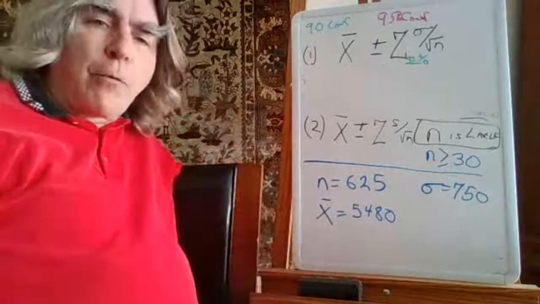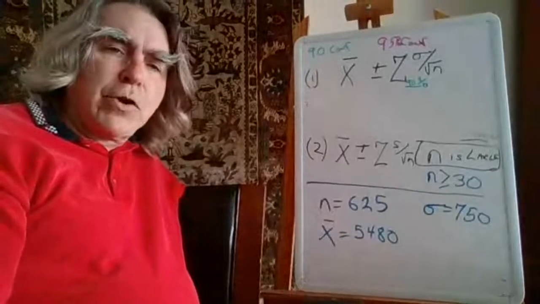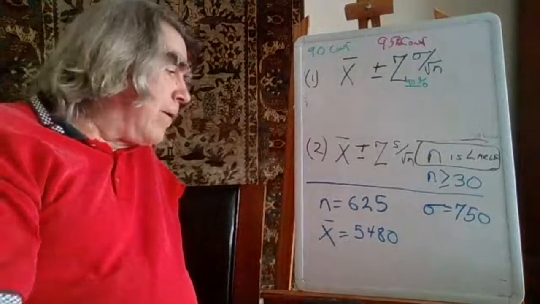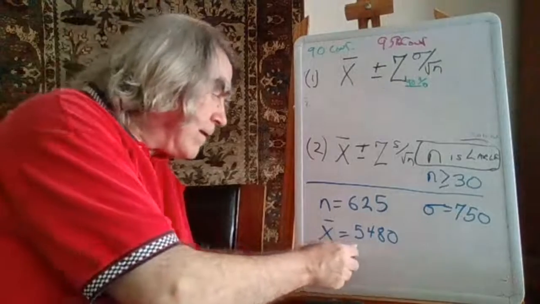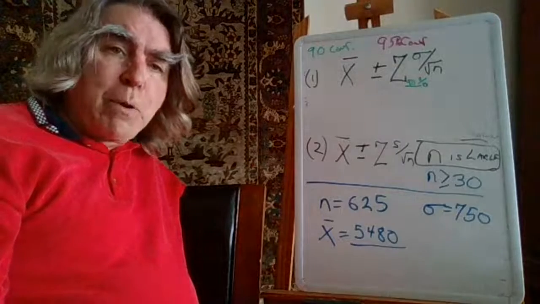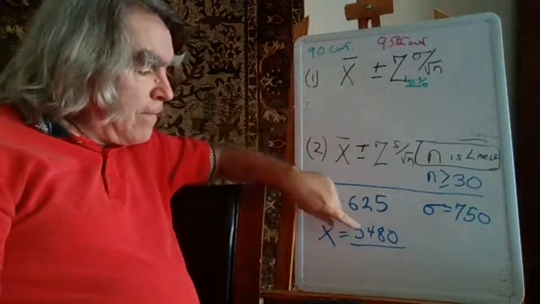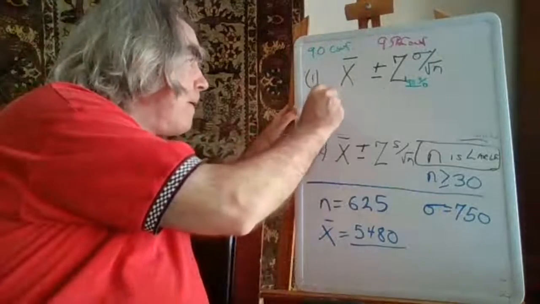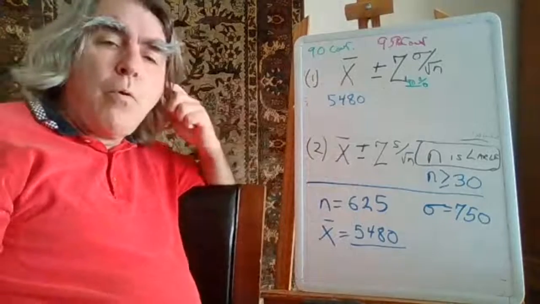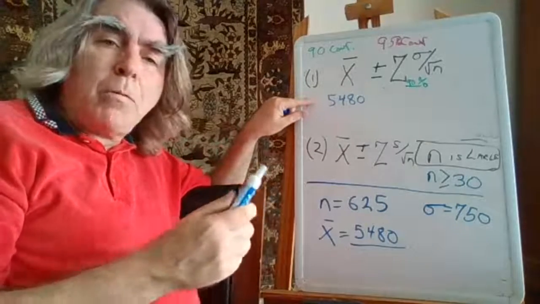Right? So, from the 625 random Americans that I chose, what is our best estimate about the population? And it's this one here, 5480. X bar, our best estimate is 5480. Now, we know that we are going to be wrong.